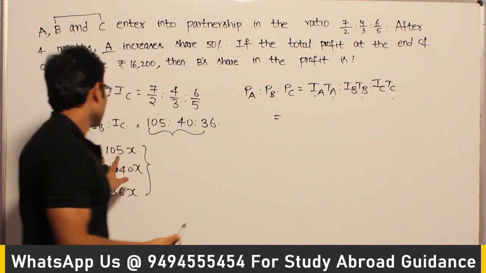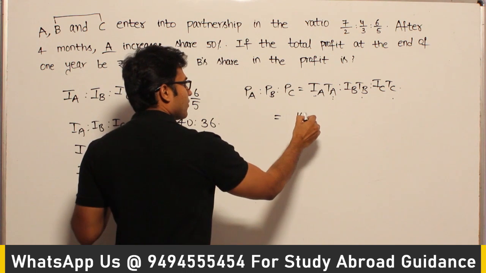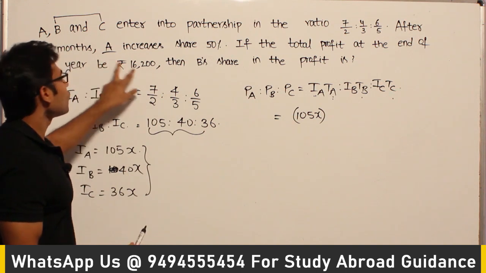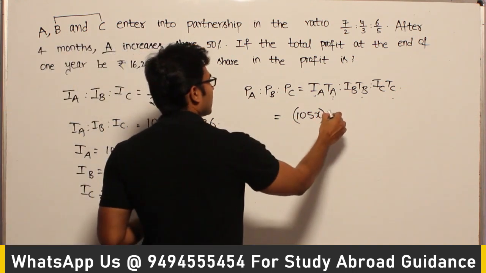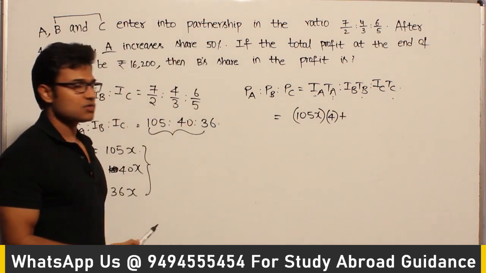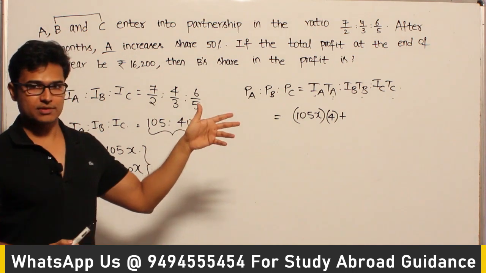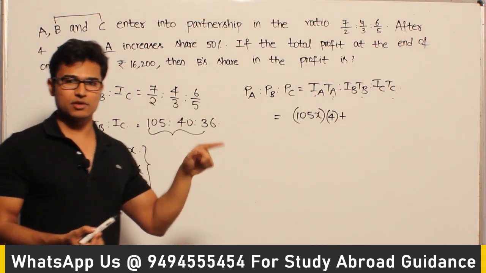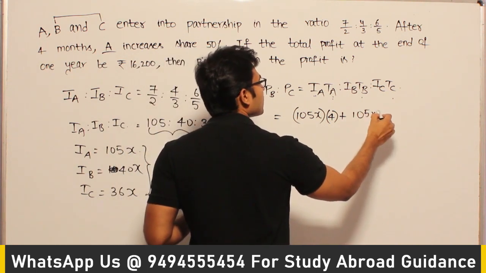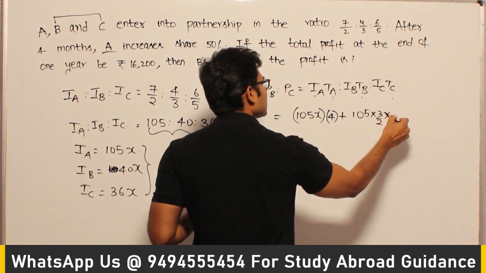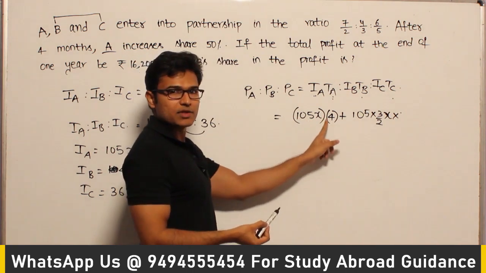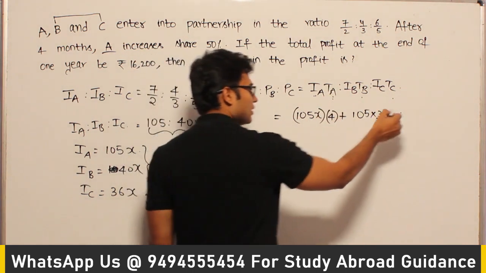Investment of A is 105x for 4 months, and then for the remaining 8 months he has increased it by 50%. When I increase 105x by 50%, it is going to be 105 into 3/2 x. Therefore, for the remaining 8 months: 105 into 3/2 x into 8.